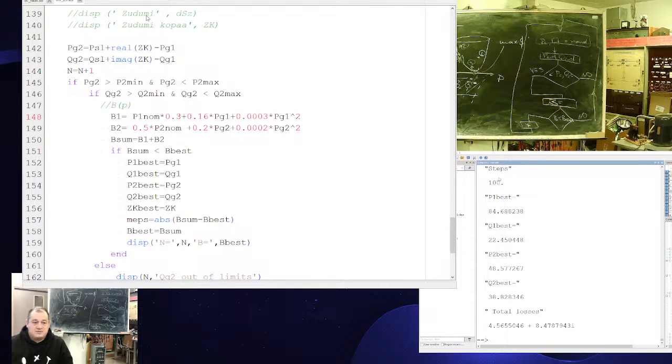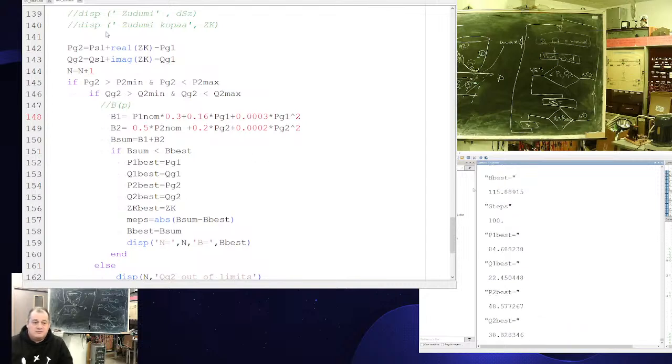In 100 steps, 84.48. Fuel consumption, 115. It's tons an hour. Real unit here.